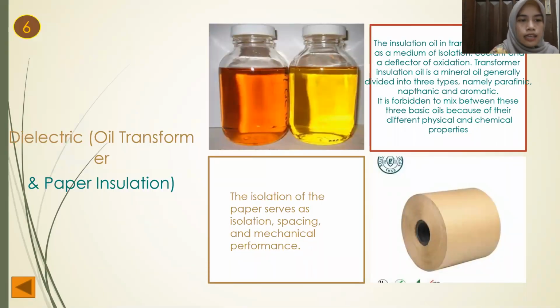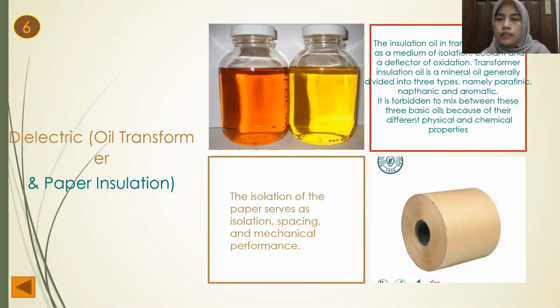Next, the electric oil transformer and paper insulation. The insulation oil transformer serves as a medium of insulation, coolant and deflector of oxidation. Transformer insulation oil is mineral oil generally divided into three types, namely paraffinic, naphthenic, and aromatic.